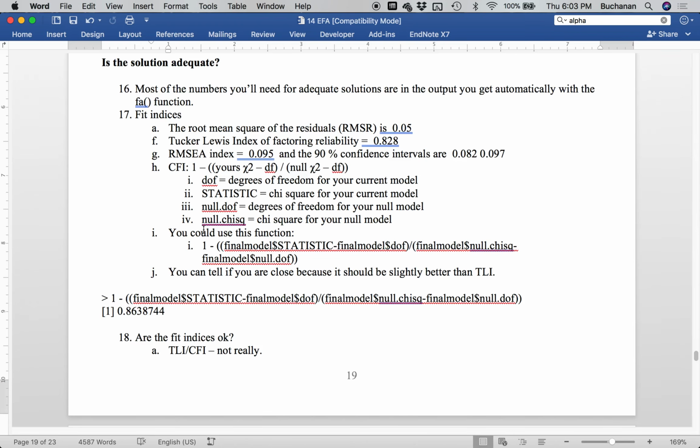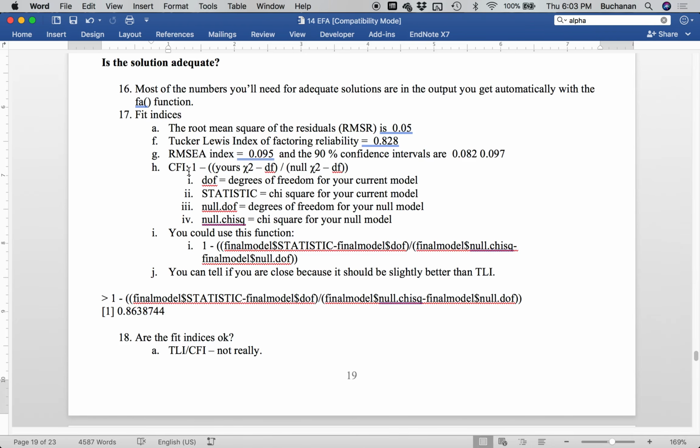CFI is one of the most commonly reported ones, along with RMSEA, so you gotta suffer through calculating it. And the way you calculate it is 1 minus, and then this whole thing, chi-square for your model minus degrees of freedom for your model, divided by the chi-square for the null model minus degrees of freedom for the null.